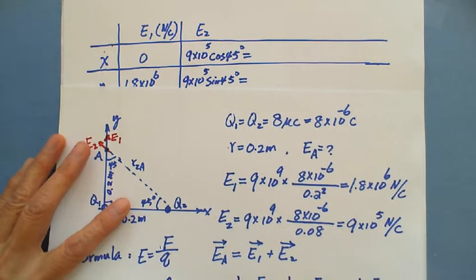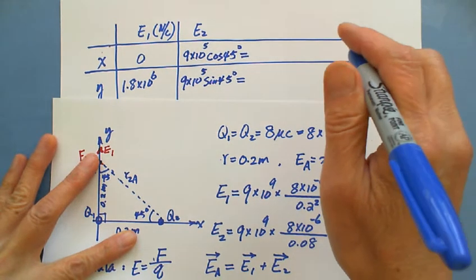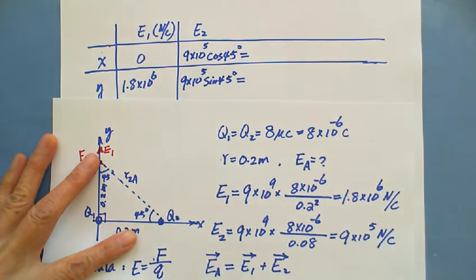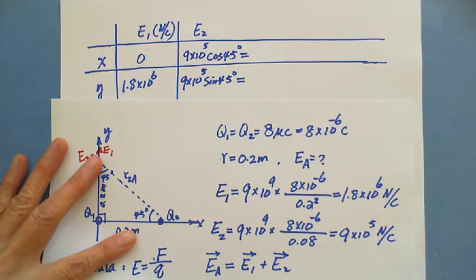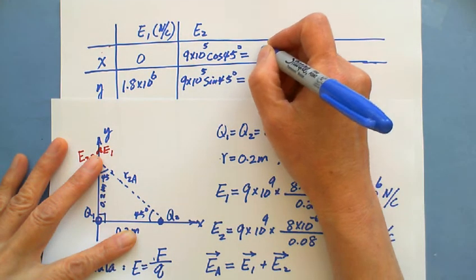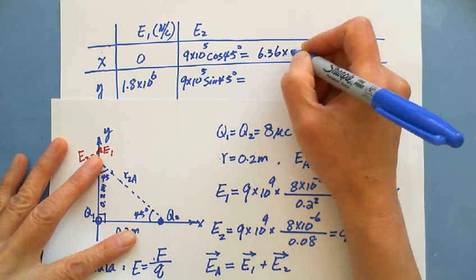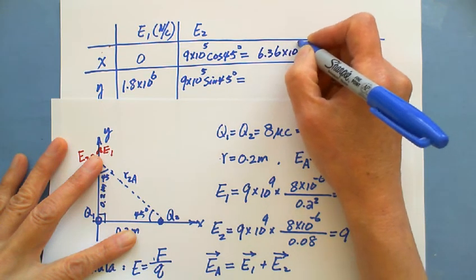So we got 9 times 10 to the 5 exponent multiplied by cosine 45, which is 0.707. We got 6.36 times 10 to the 5 exponent.